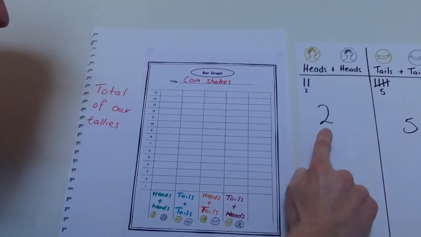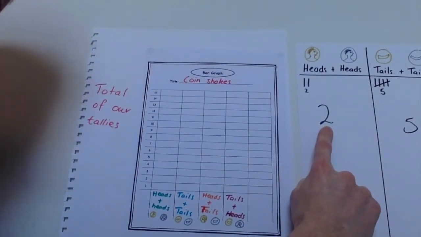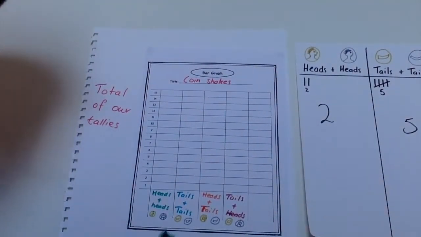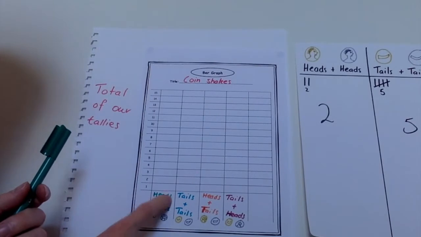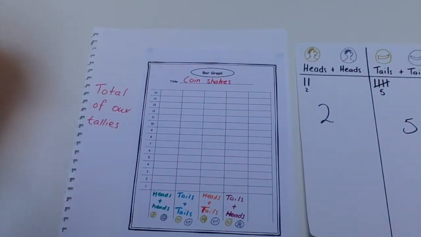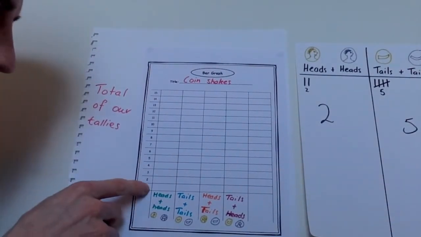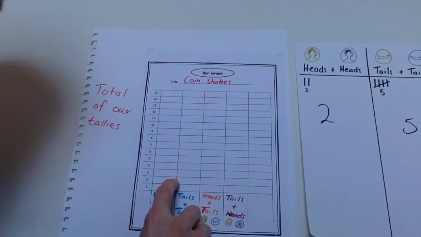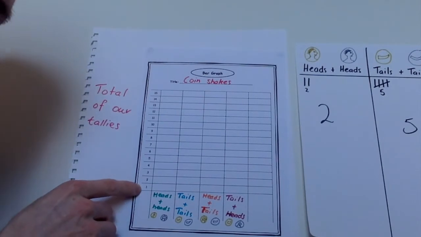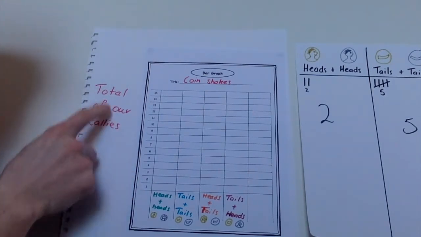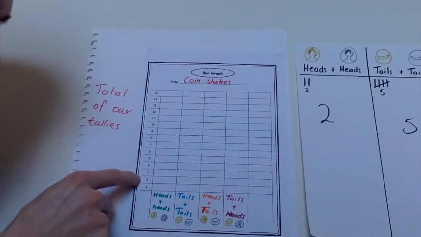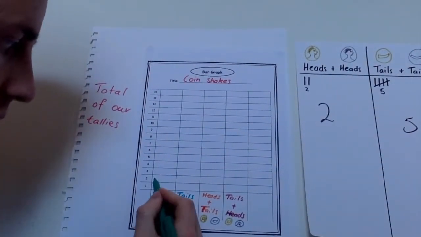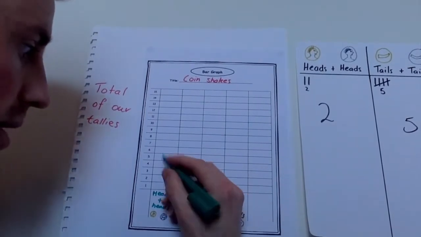Our total in our tally was 2. So grab the same colour that you wrote heads and heads in, and then we need to colour in these little boxes here. I'm going up to 2, so I need to count on the side total of our tallies. 1, 2. So I've got 2. I need to make sure that I only colour in up to 2.